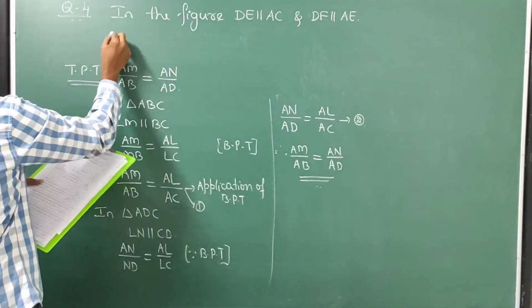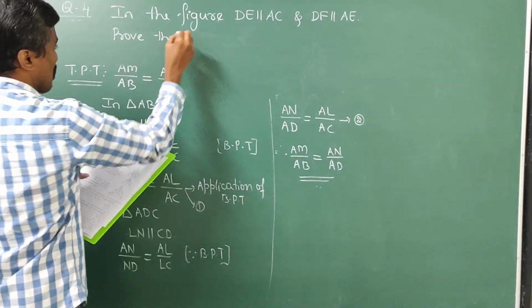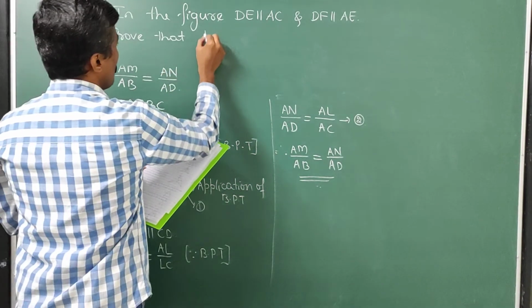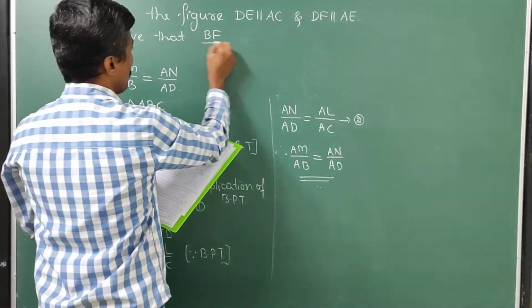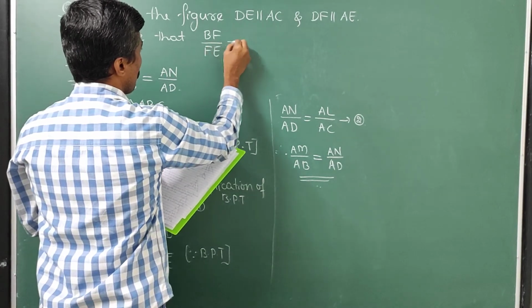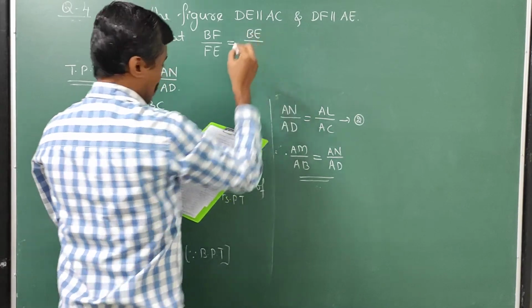Prove that BF divided by FE is equal to BE divided by EC.